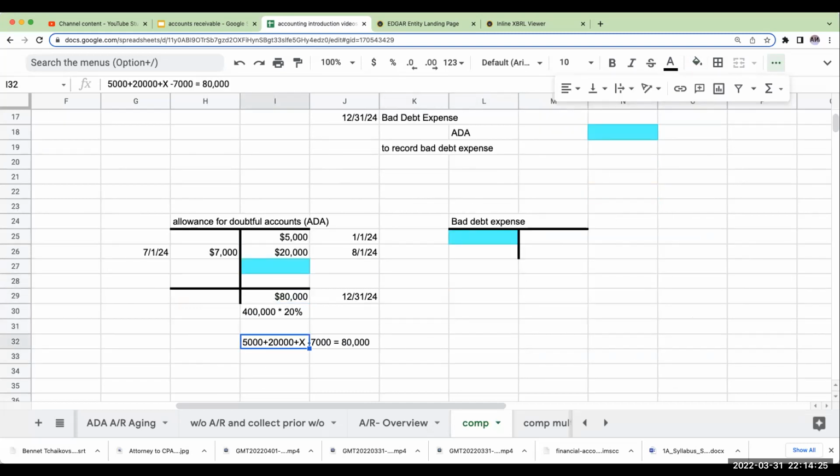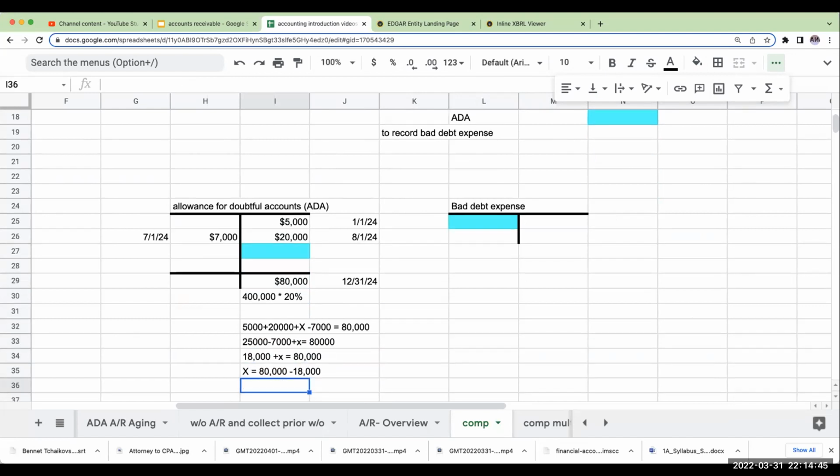So over here, you've got 5,000 plus 20,000 minus 7,000 plus X equals 80,000. So this is going to be 18,000 plus X equals 80,000. X is going to be equal to 80,000 minus 18,000. X is going to be equal to 62,000.